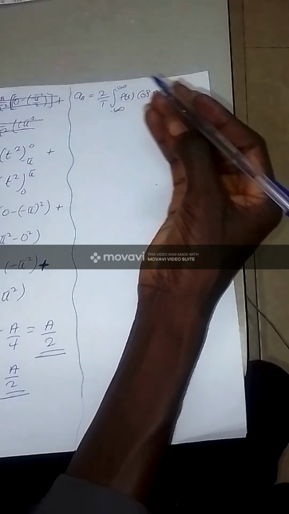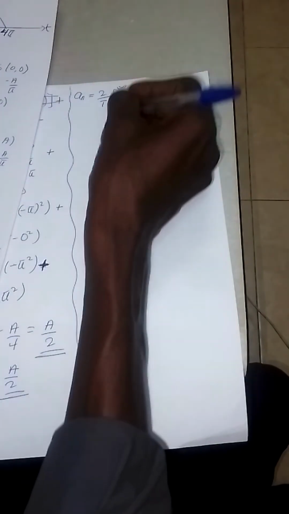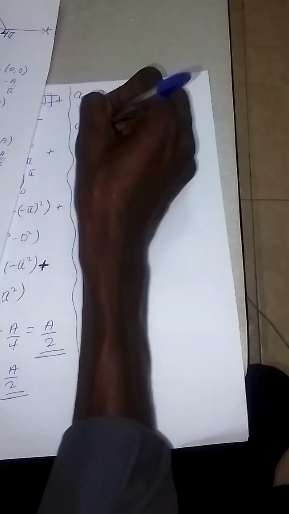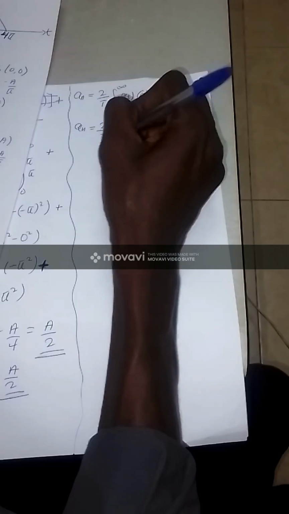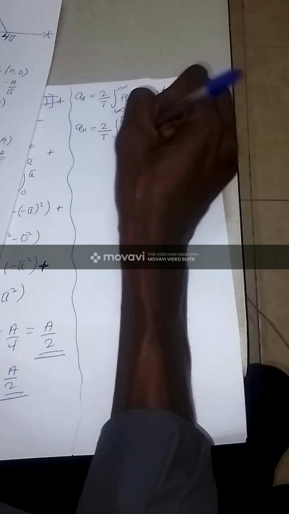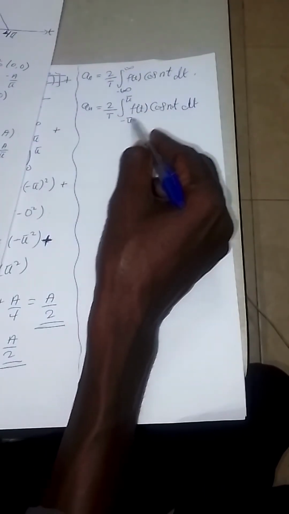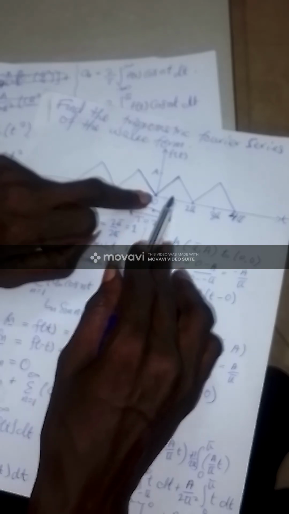Our f of t, actually, let me introduce the limit before I even talk about it. So now here, 2 over T into minus pi to pi of f of t cos nt dt. Now, if you take a look at this waveform, you see that minus pi to 0 is basically the same as 0 to pi.